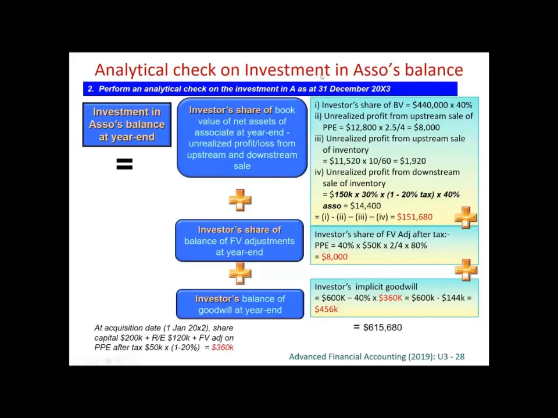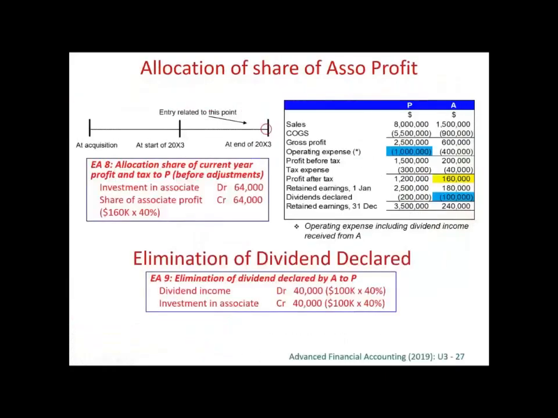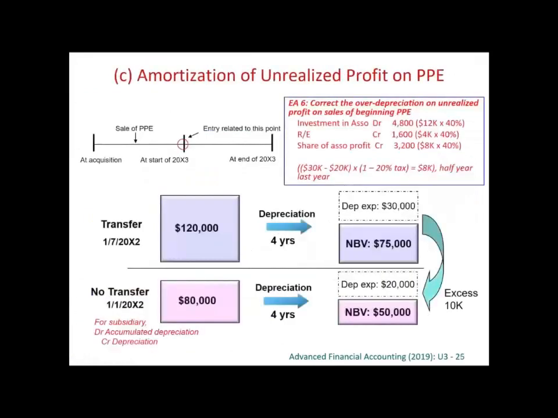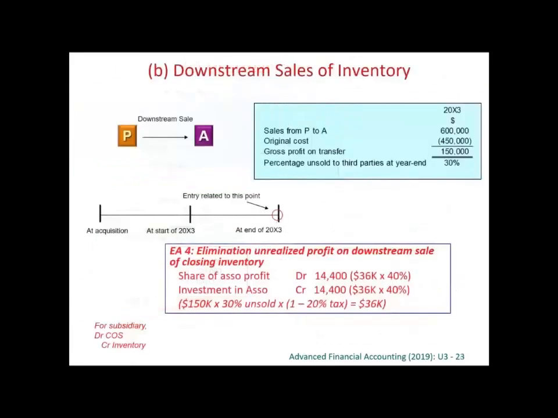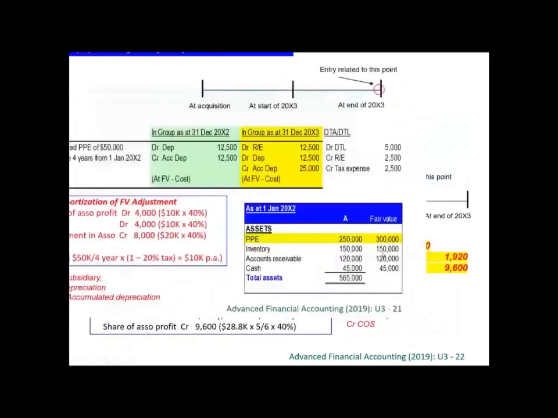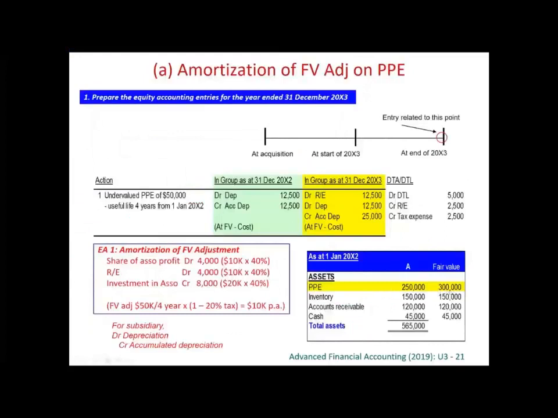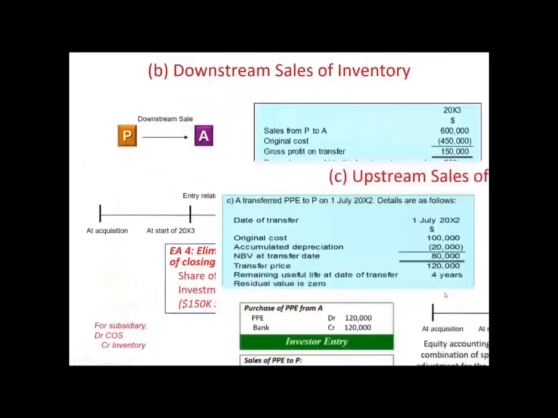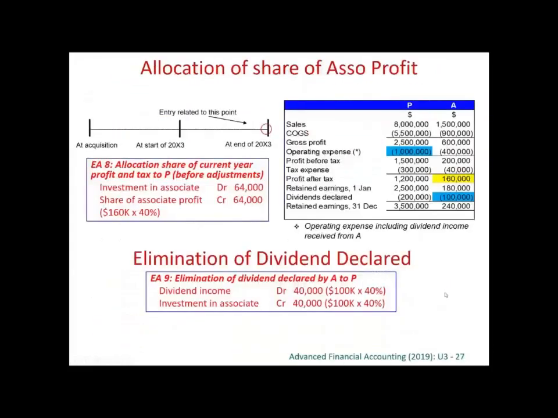So this is the book value of the net assets, after which we have the fair value adjustments. If you can still remember, at the day of acquisition, you said that the fair value increment was 50,000. But 2 years has passed, therefore 2 years has been depreciated.